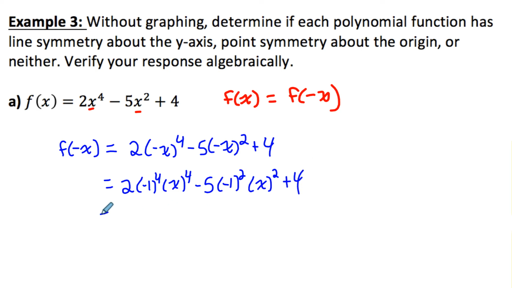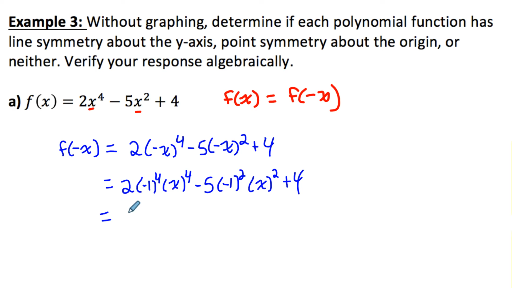And then if we simplify this, negative 1 to the 4 is 1, and negative 1 squared is 1. And anytime we have a negative base with an even exponent, it becomes positive. And that's the foundation of why, if we have an even function where all the terms are even degree, meaning they all have even exponents, we're going to get f of x equal to f of negative x.